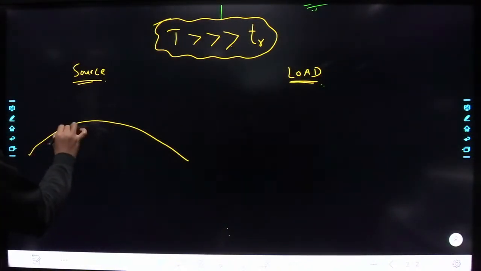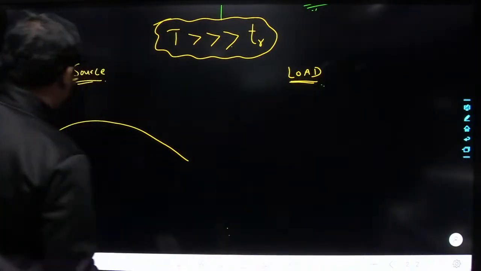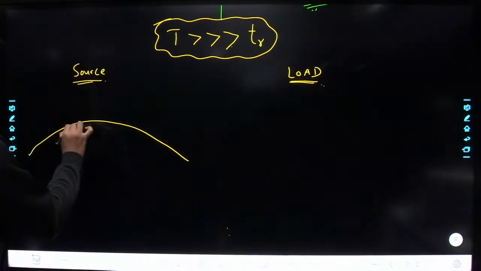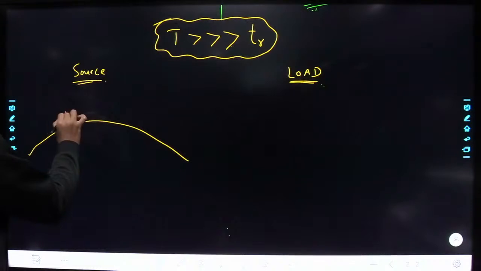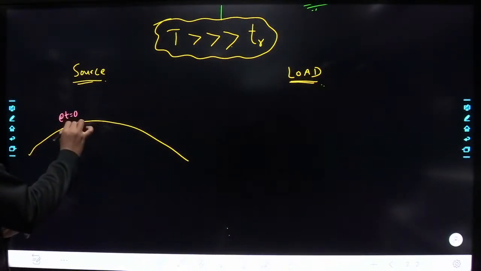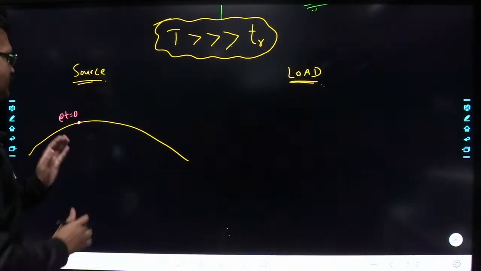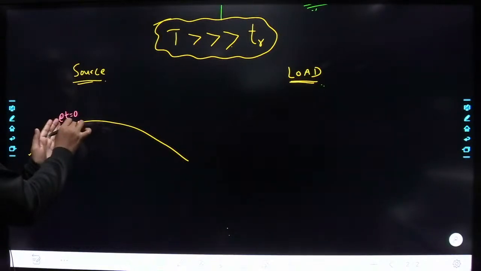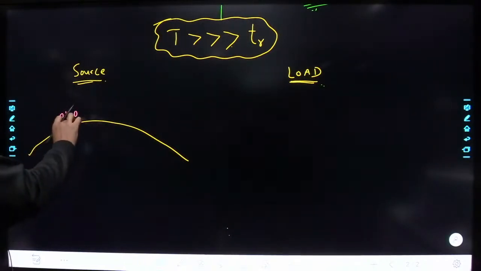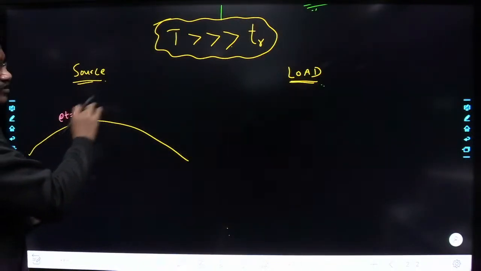Let us assume at T equal to 0, the source is at this point. Understood? So at T equal to 0, the source is present at this location, and this value of the signal is going to be transported from source to load.